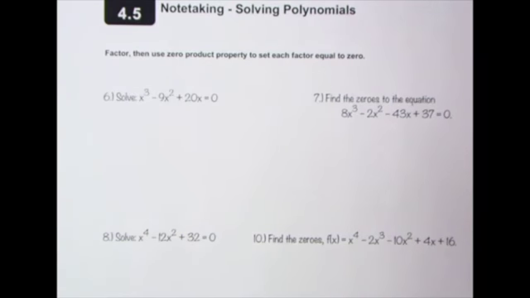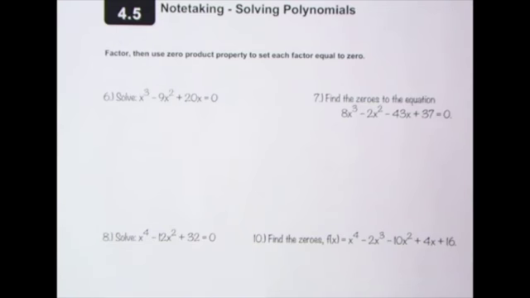So it's pretty straightforward. For every single problem, you're going to do essentially the exact same thing. It's just that after you run synthetic division, you'll have two choices to make. So the first step here is the same for every problem.